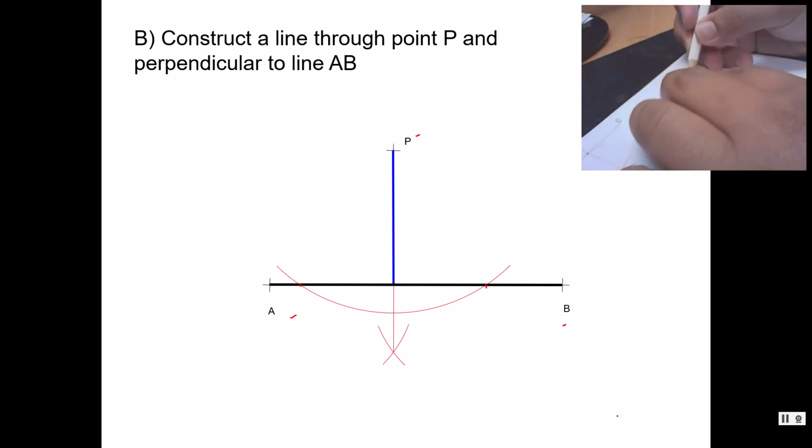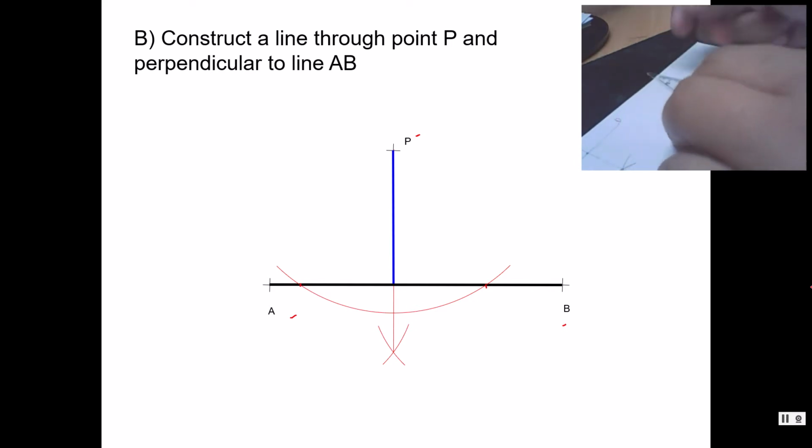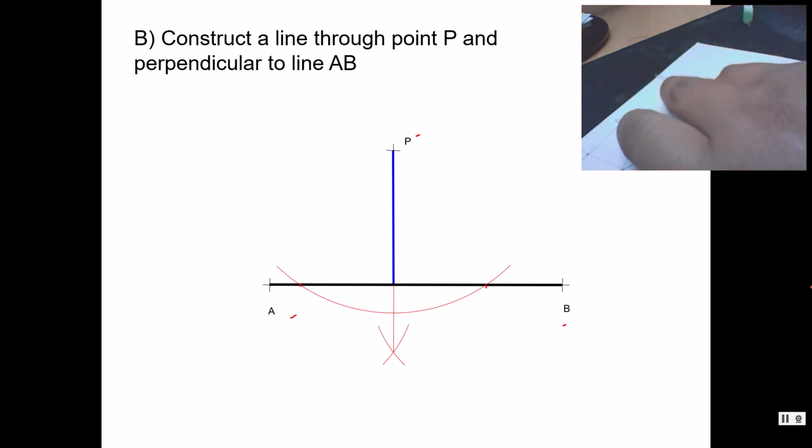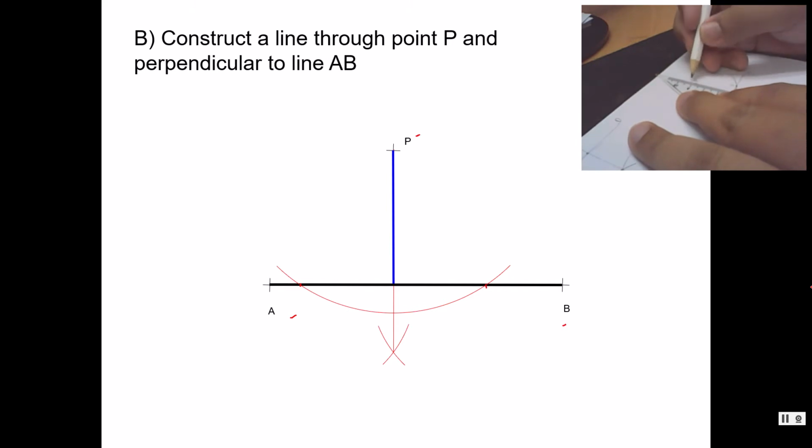So we're just going to draw one straight line. Again, if you use the drawing board, you need to use the 45, the 90-degree ruler with the help of the T-square, so that you're going to get a straight line from here to here.